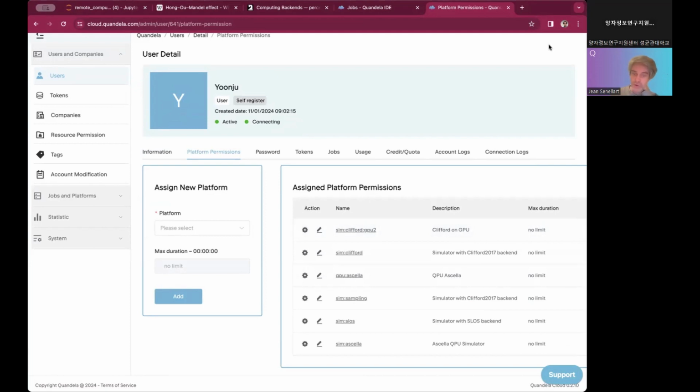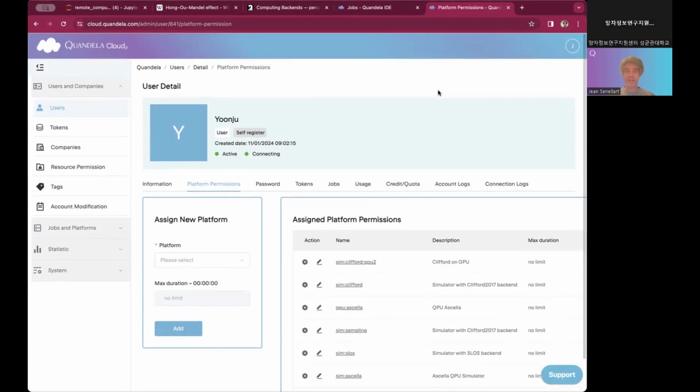The difference between the two is that behind GPU2, I think there is more. We have put more instances of GPU for you. So you should use this one. Okay. Does anyone have any questions?